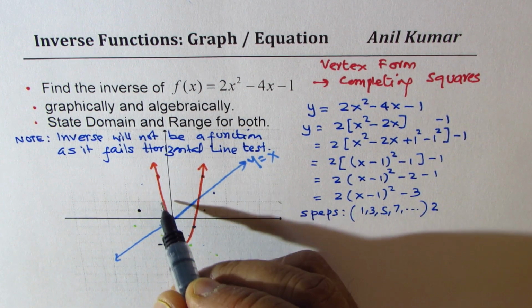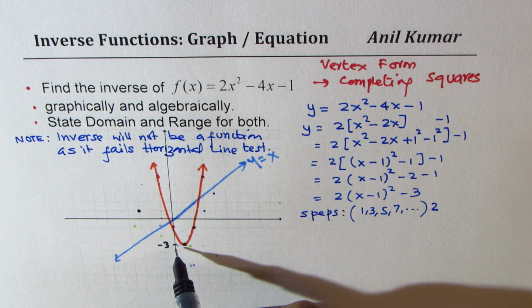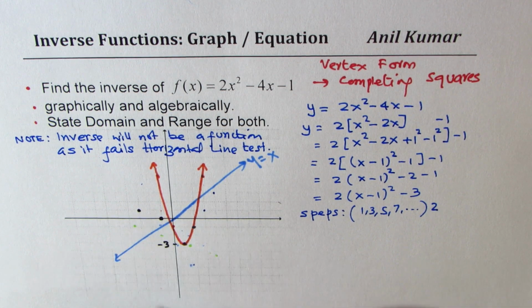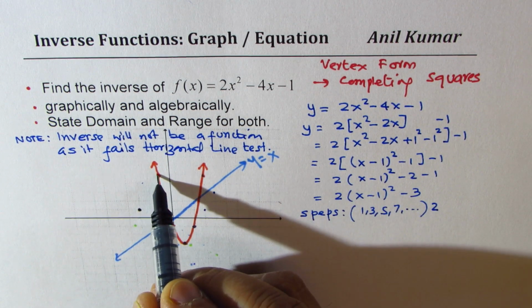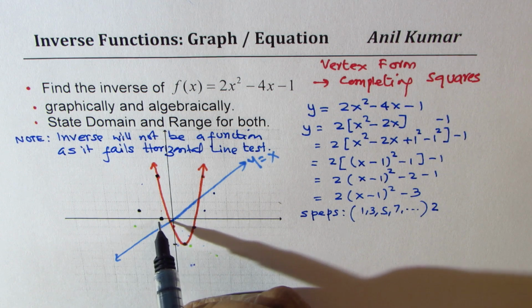So if you look at this arm, in that case we have a y-intercept at 0, minus 1. So you get a point here. Correct? So that is the second point. And then if you move further, we had a point right there, which is at minus 1.